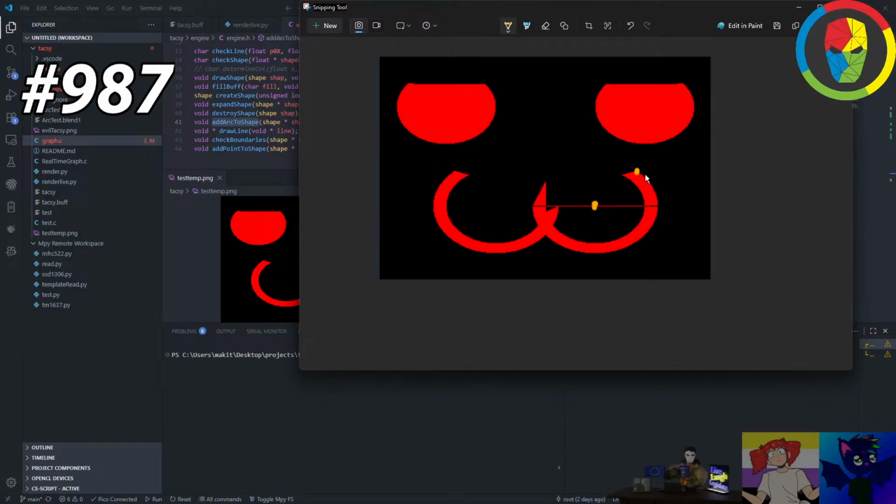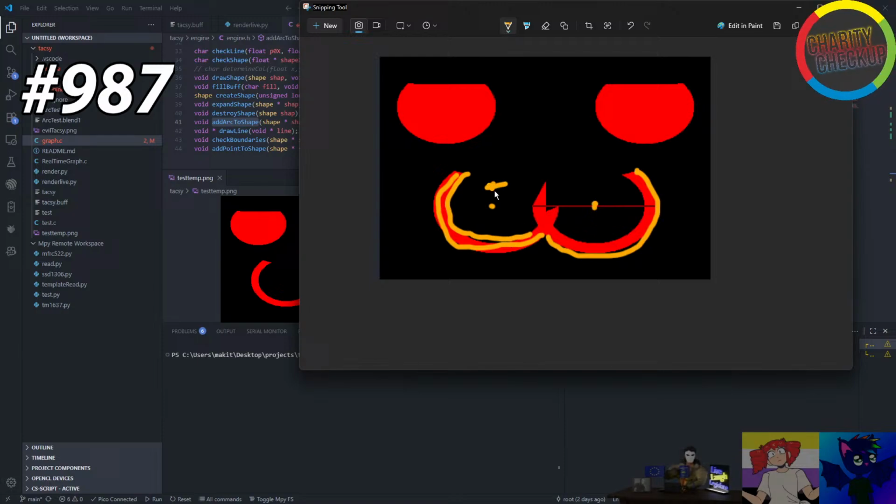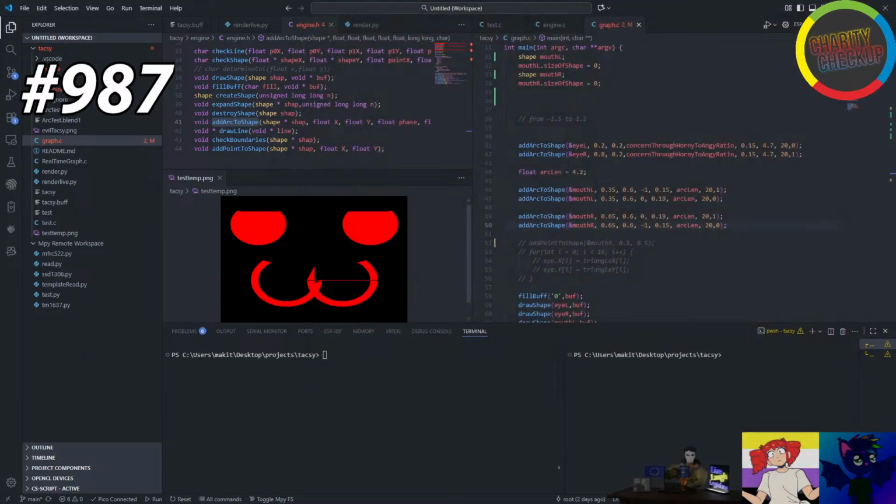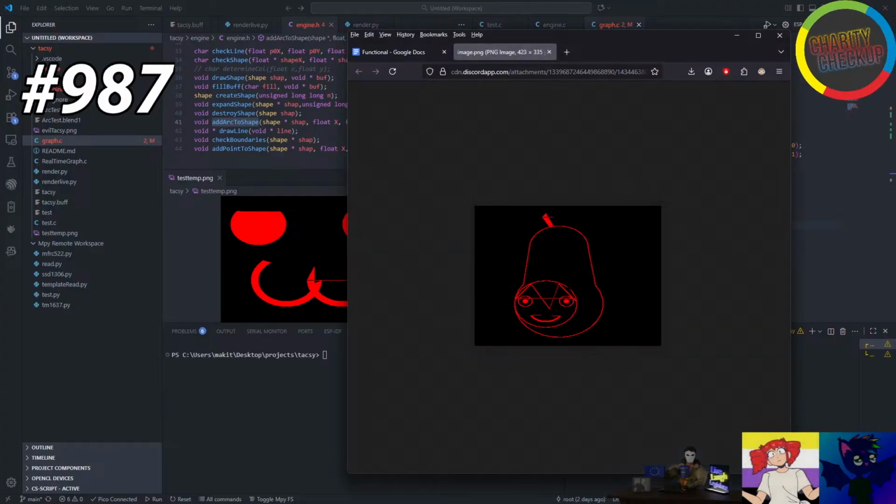You select a point, you draw an arc around that point, then you select another point and you select another arc, but this time, very crucially, you flip it. Actually no, you don't flip it yet. Then you select the same point, but draw an arc with a smaller radius. So on the first try you draw it to the left, on the second you draw it to the right. And then right here, once that's complete, you draw yet another arc. I don't even know how this is not overlapping, honestly. Oh yeah, because they are two separate mouths. It's just separate arcs. That Teto pair should get you landed in a padded room.